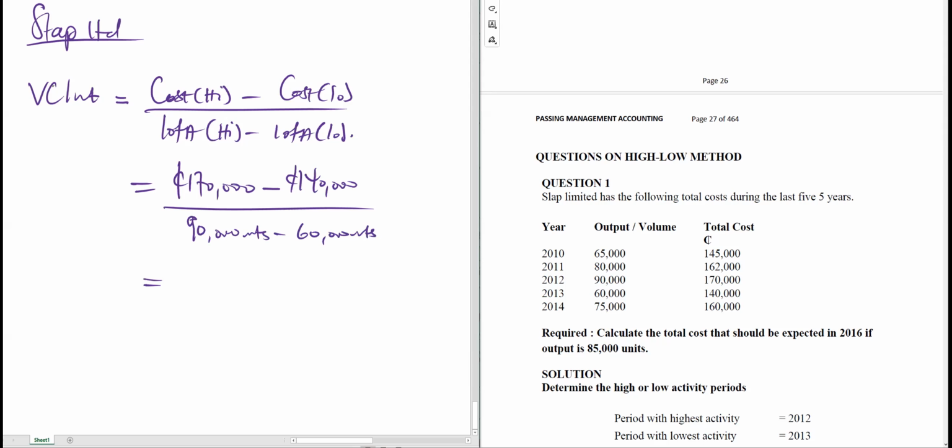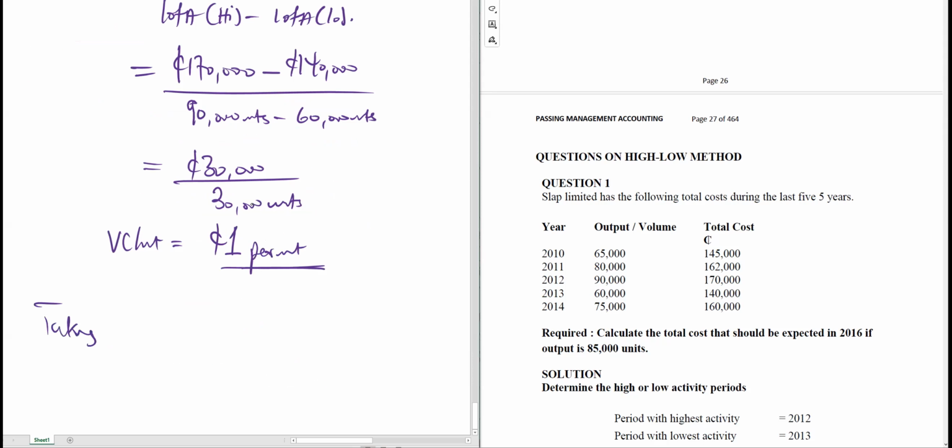That gives us 30,000 CDs all over 30,000. Is it 30 over 30? Yes. The figure is correct, so the variable cost per unit is 1.